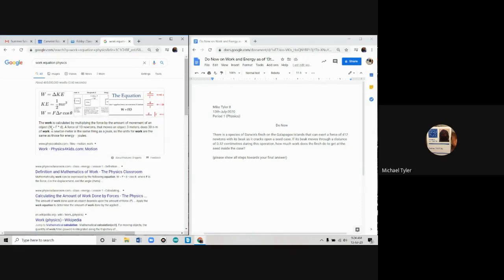But we're going to focus on work in terms of force multiplied by the distance. So let's make some notes real quick on how we're going to solve this, and then we'll do our known and unknown values. So to remember, if you don't remember from the past, work is equivalent to the force multiplied by the distance. Okay?